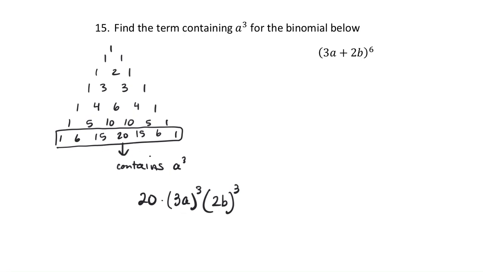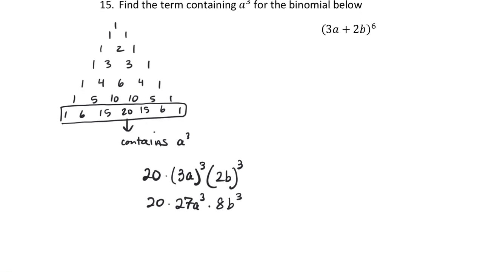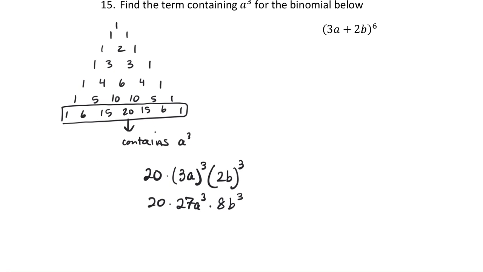So now we just expand just this one, so it's 20, and then 3a to the 3rd power is 27a cubed, and then 2b to the 3rd power is 8b cubed. So we multiply 20 times 27 times 8, and that's 4,320.